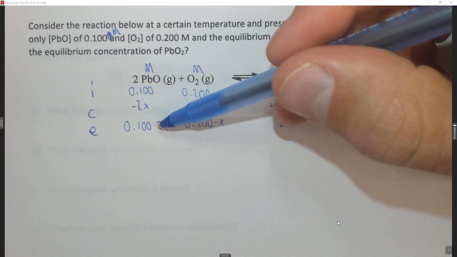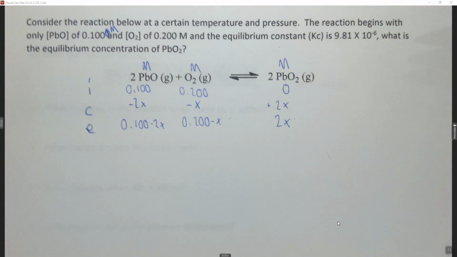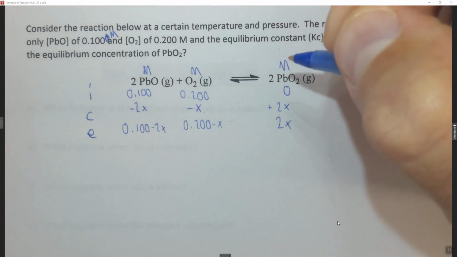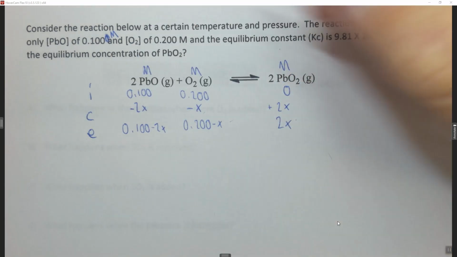That being said, we're going to, just like in the previous example, ignore x. In the previous example, it turned out that x was about 8%. So if it's less than 10%, we can ignore it. Or generally speaking, we're not going to use the quadratic equation in these examples or the examples on the randomized online homework. So let's take a look at how we might do this.